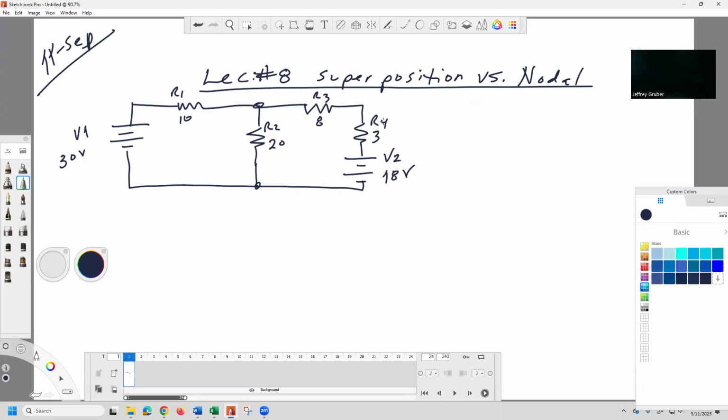In the interest of expediency, I'm just going to write the numbers down. I'm going to copy this so I don't have to keep redrawing it.